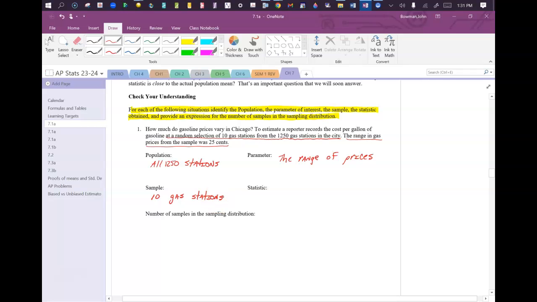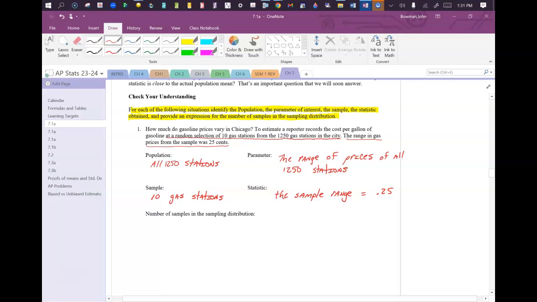The statistic that we got was the sample range, and that was equal to 25 cents. Now, the parameter is the range of prices of all 1,250 stations. To be clear, that's the difference between the parameter and the statistic.